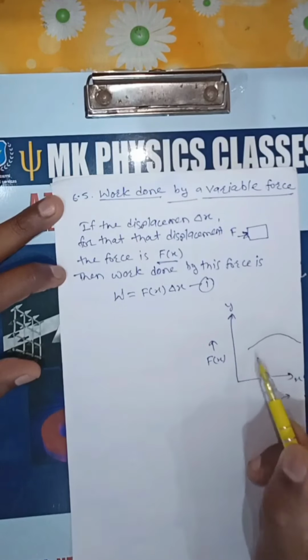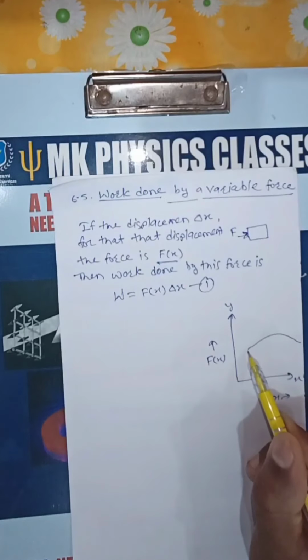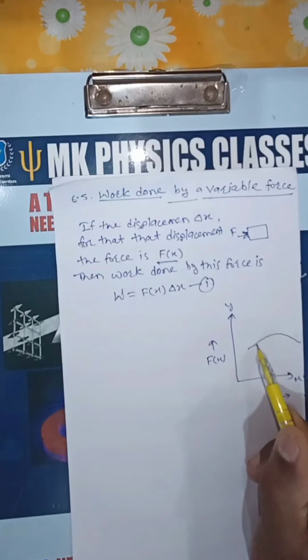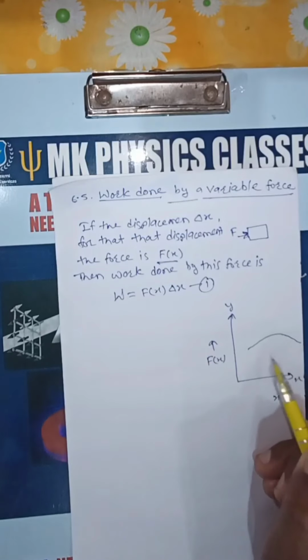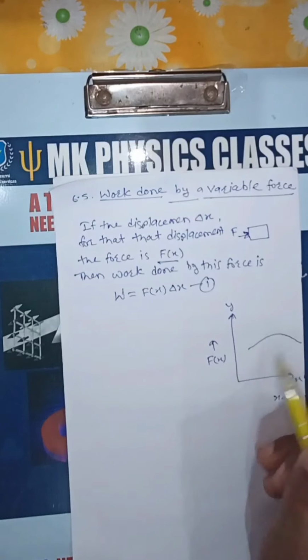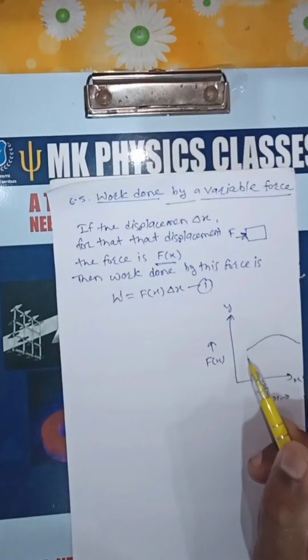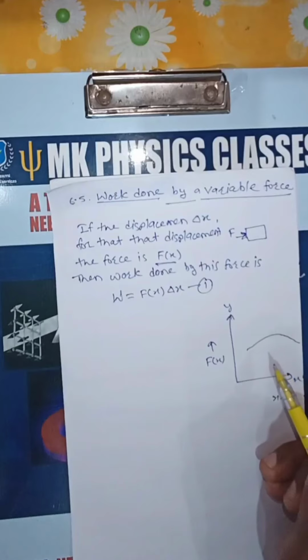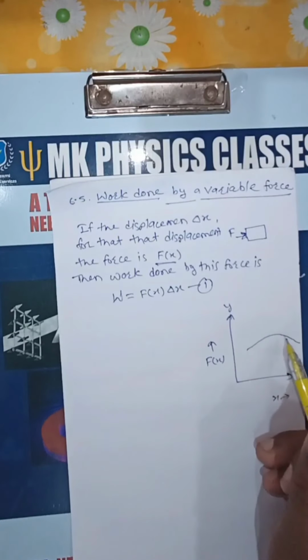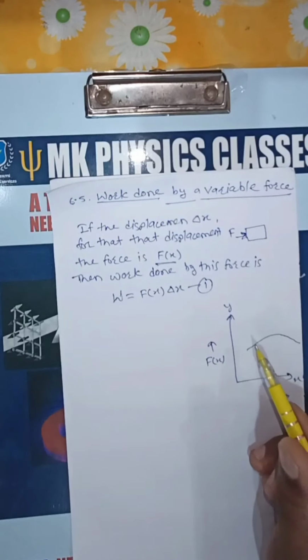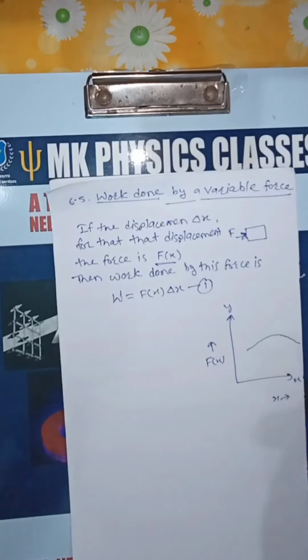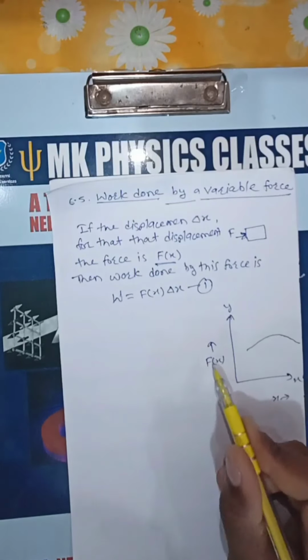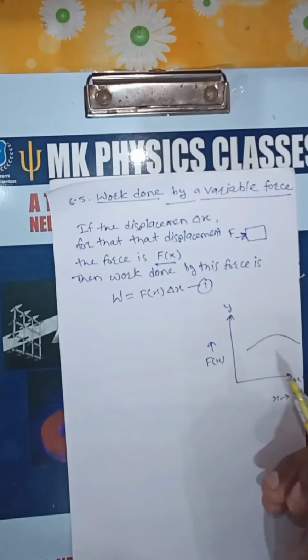First the applied force will increase, then the force will decrease. Means the force will vary. The value of the applied force is varying. For that purpose, this is known as a variable force. Firstly the force increases, then decreases, or firstly decreases, then increases, whatever it may be. Sometimes it increases and decreases continuously, so the applied force is changed.